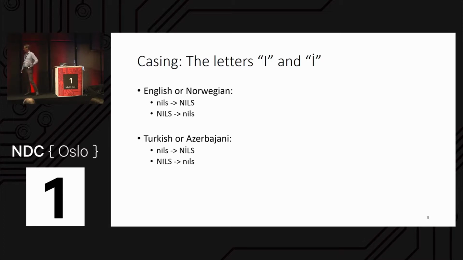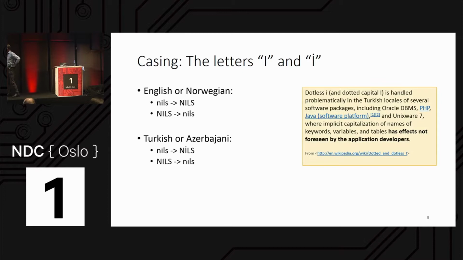And while I was preparing for this, I found something interesting on Wikipedia, on the dotless I: it's handled problematically in the Turkish locales of several software packages. It has effects not foreseen by application developers by doing automatic upper and lower casing. And I think this is very beautifully understated, because at Microsoft, Turkish is one of the languages that we always test first, because problems, always problems.